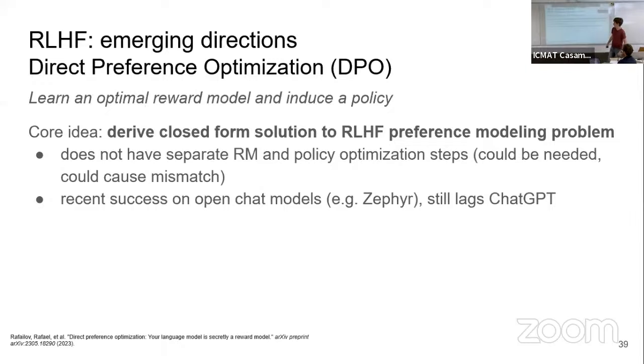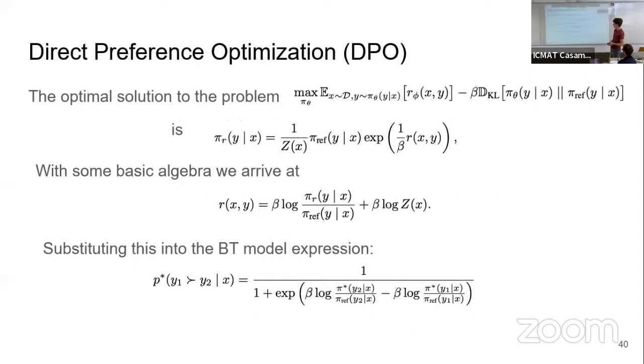So the thing is, as we have seen in the RL process, we first have to learn a reward model and then train our LLM with that. In this paper, they aim instead to derive a closed-form solution, so we don't have to have a separate reward model. It's a very simple paper.